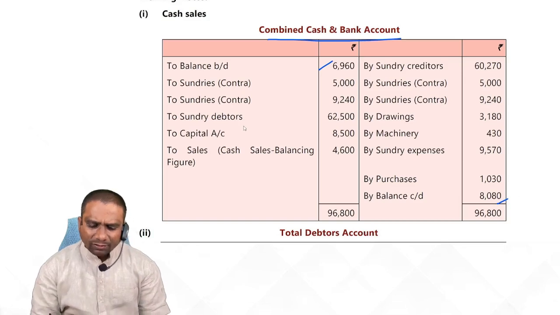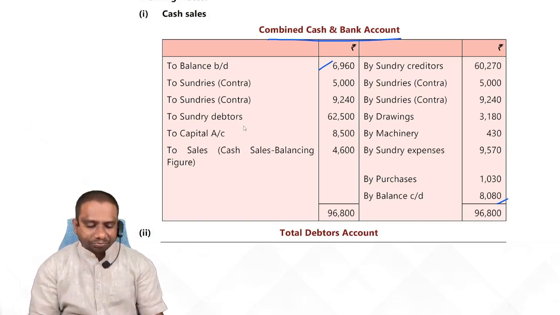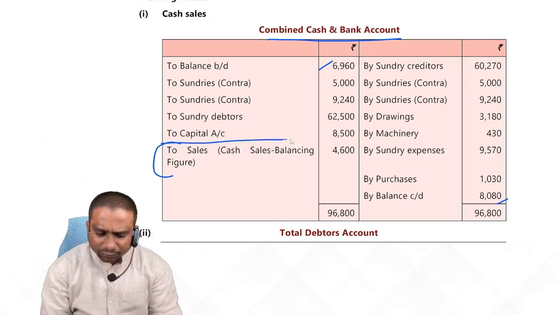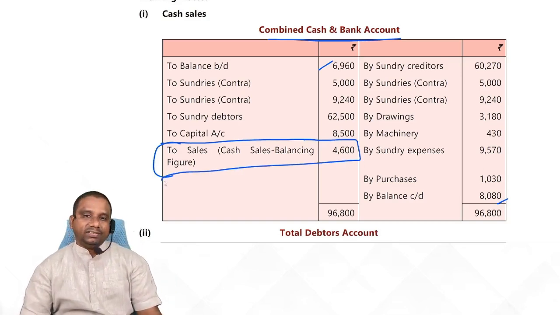Finally, the balancing figure. The balancing figure in cash and bank account, we try to understand here. Here the balance of cash and bank account is nothing but they treat it as cash sales. Cash sales is the balancing figure.